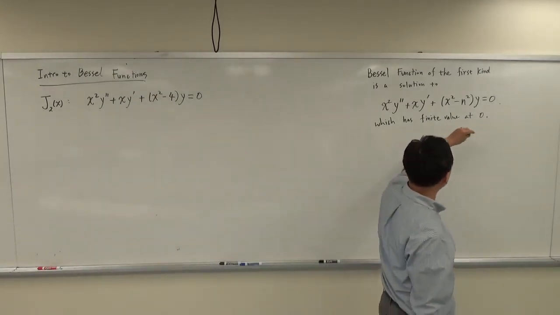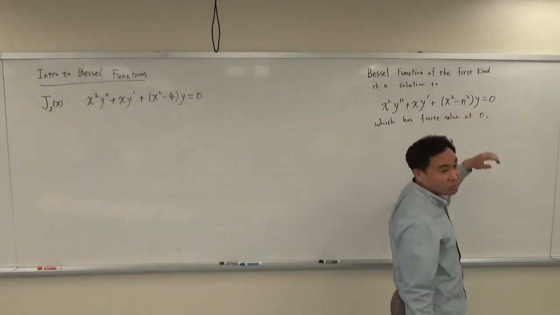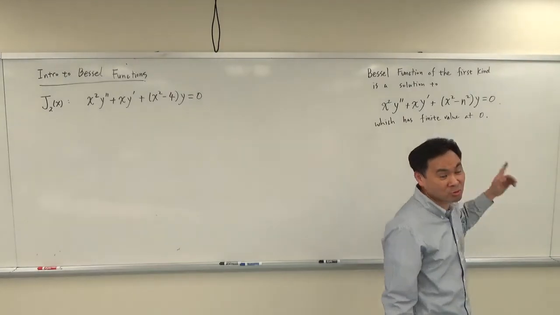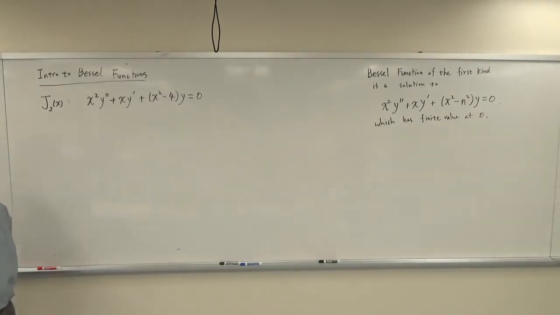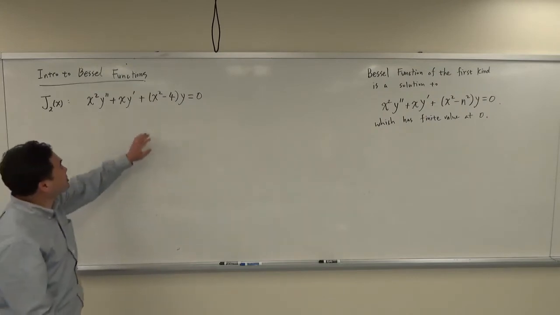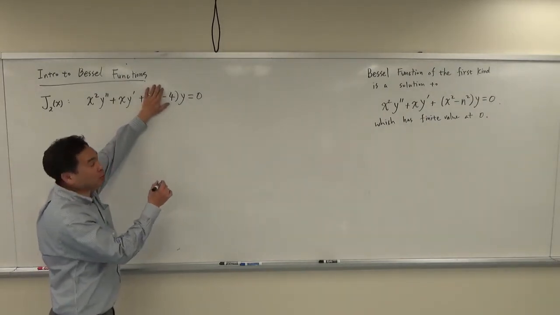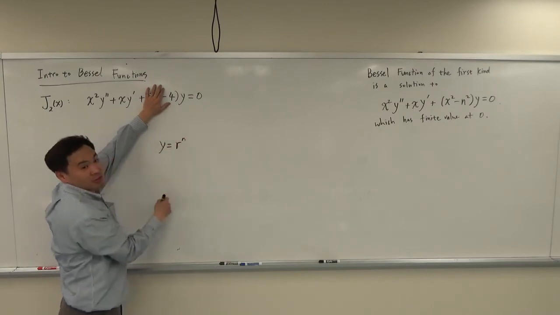Of course, when you solve this in the circular drum, n could be 1, 2, 3, 4, 5, even including 0, so you actually have to solve this infinitely many times. Now, before, when we didn't have the x squared, it was all easy. We knew that that was called the Euler equation, where the solution looks like r to some power, right?